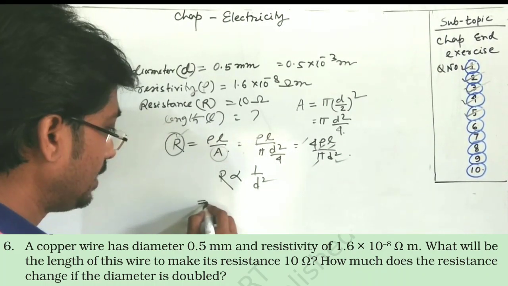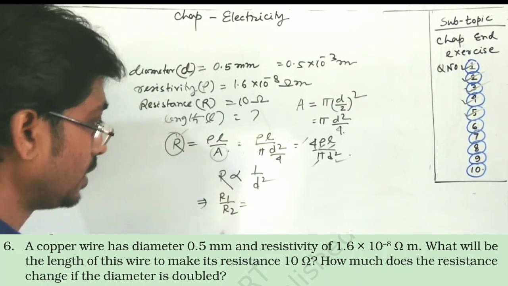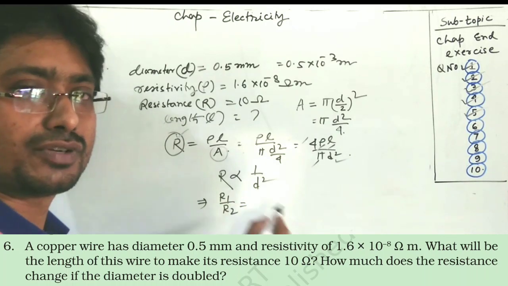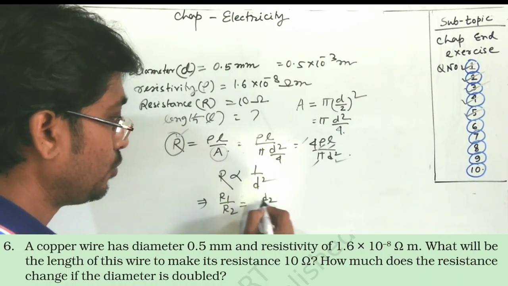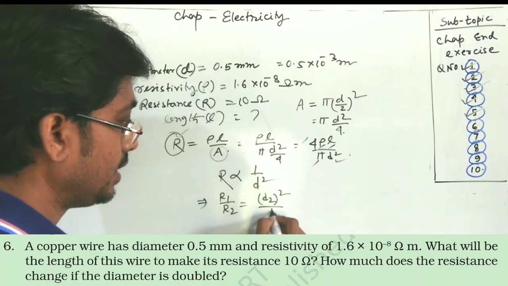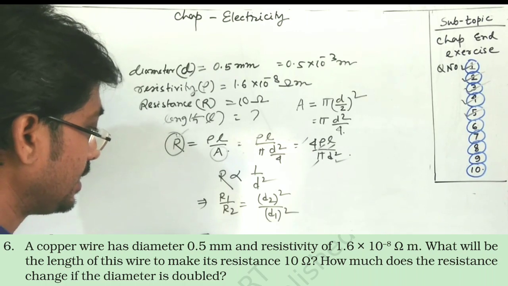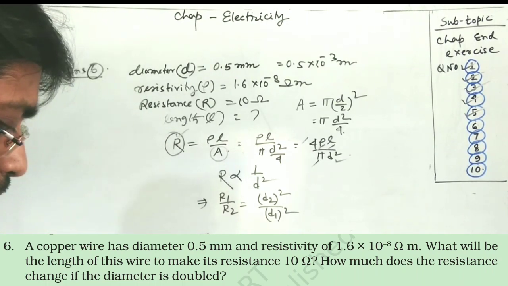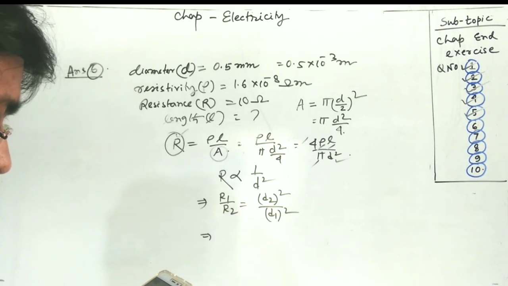Okay, it can be written as R1 by R2 is equal to, it is inverse formula, so it will be D2 square by D1 square, is not it? So what is written here? How much does the resistance change if the diameter is doubled?